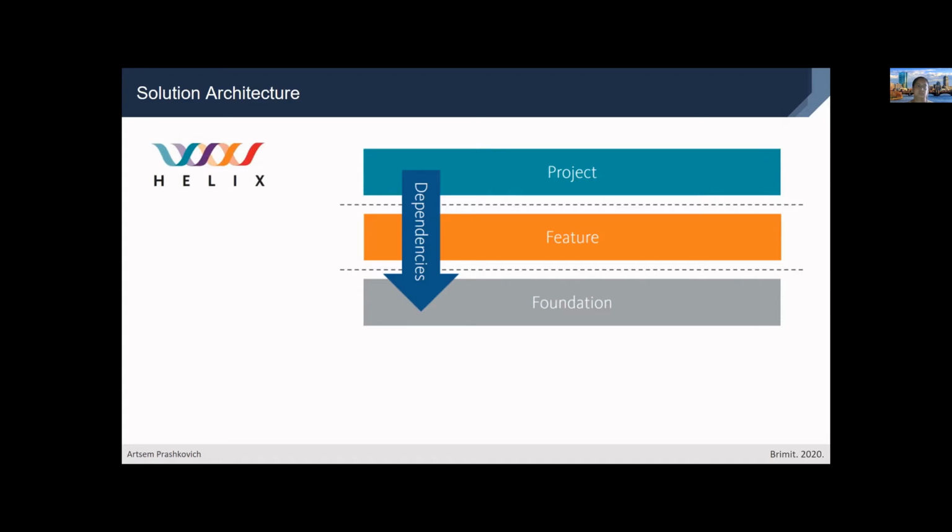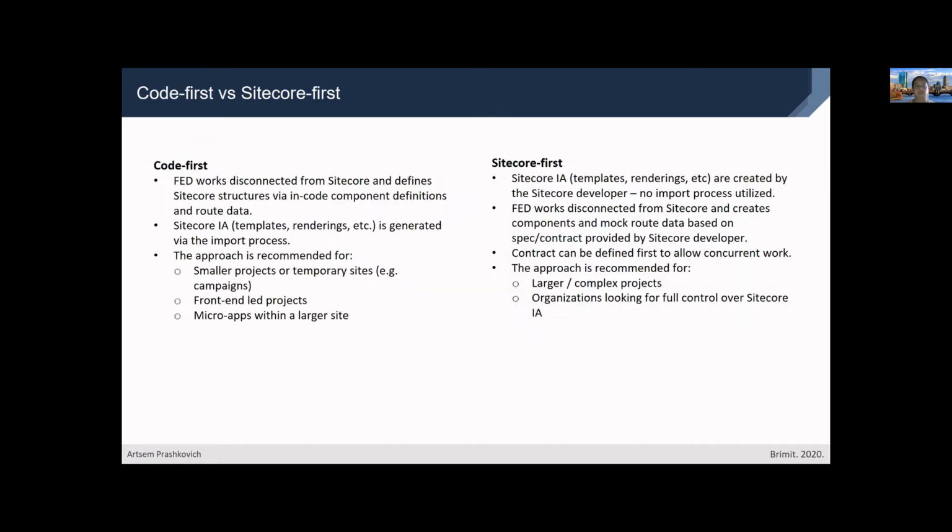Before switching to the front-end solution architecture, I want to go through the definition of the code first and Sitecore first approaches. In case of using the code first approach, the front-end developer works disconnected from Sitecore and defines Sitecore structure via in-code component definitions and route data.